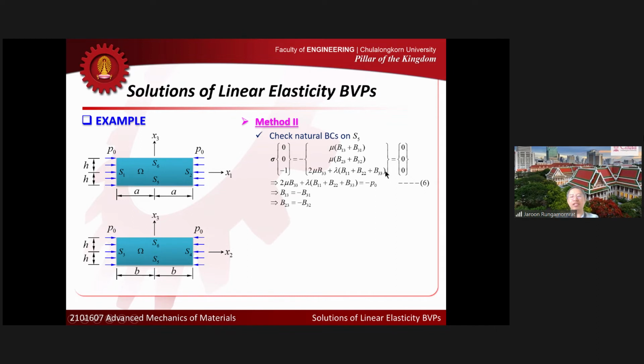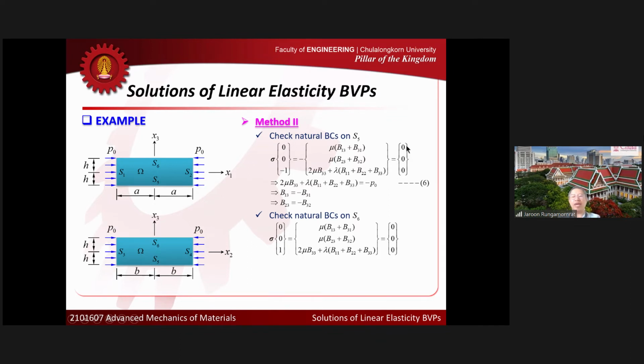The only one that is new is the last one here, so I named that equation 6. Okay, and if we do exactly the same for the top surface S6, you will see that this equation and that equation are exactly the same, except for the minus sign here, and that doesn't matter, right?